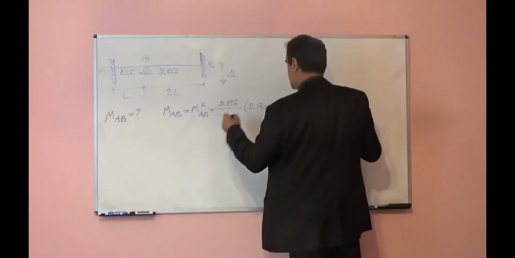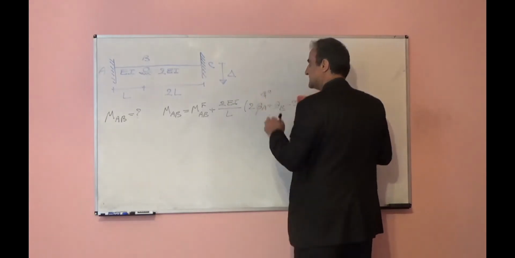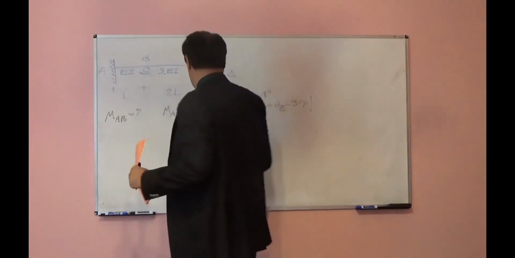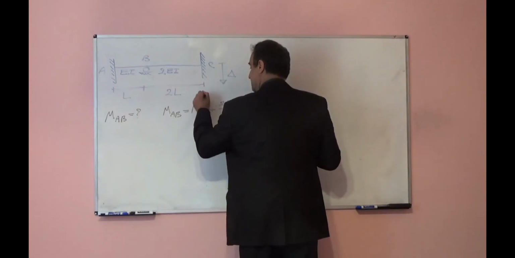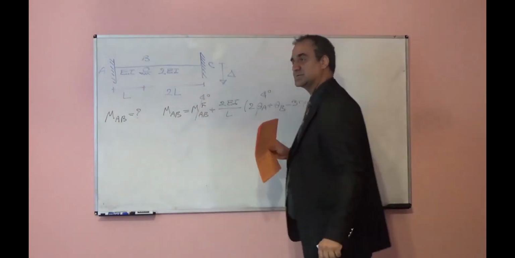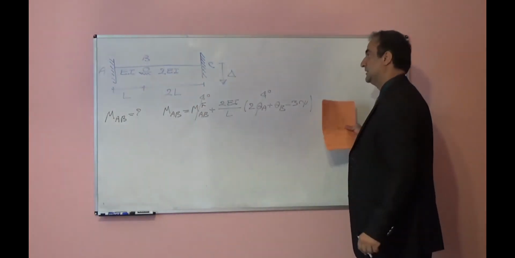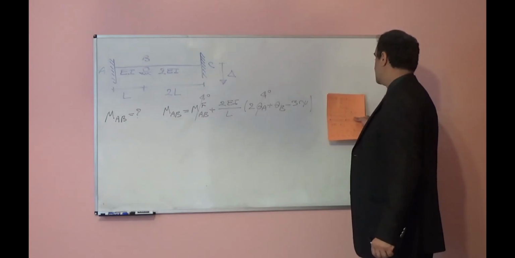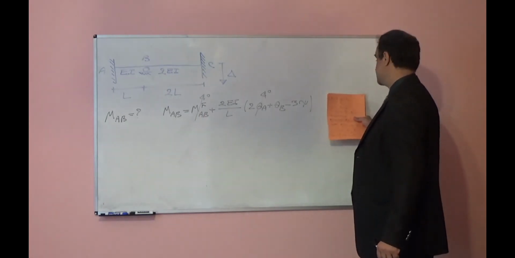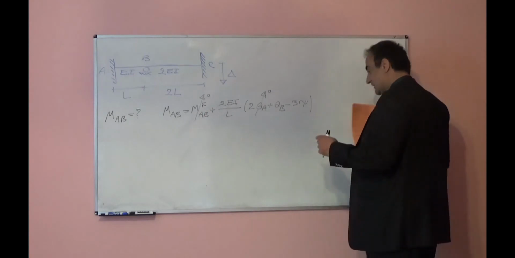Theta A is 0 because this is a fixed support. M fixed AB is 0 because there is no external load. We don't have any settlement. No, here I made a mistake.